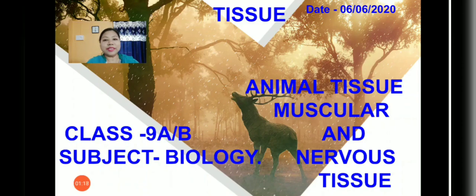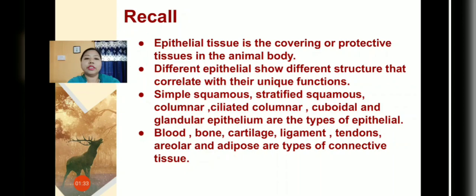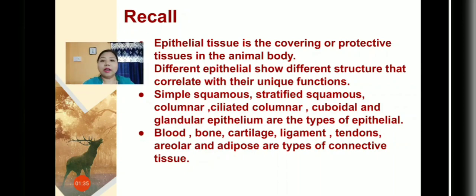In the previous class, we have learned about the two types of animal tissue, that is the epithelial tissue and the connective tissue. The epithelial tissue is the covering or protective tissue in the animal body. Different epithelial tissue show different structure that correlate with their unique functions.